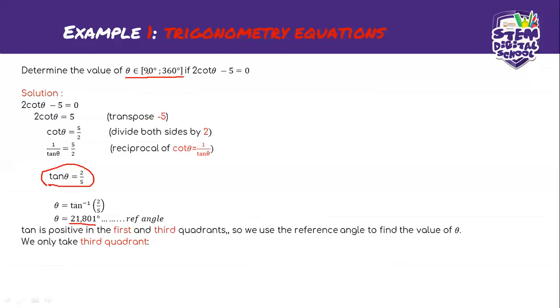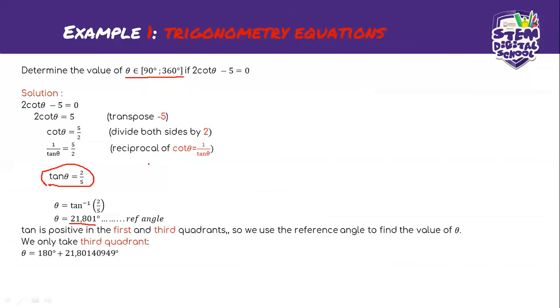You say from 90 degrees to 360, meaning the first quadrant is excluded, because from 90 to 360 is the second quadrant, third quadrant, and fourth quadrant only. So based on this restriction, we have excluded the first quadrant. Hence, we are now focusing on the third quadrant only.